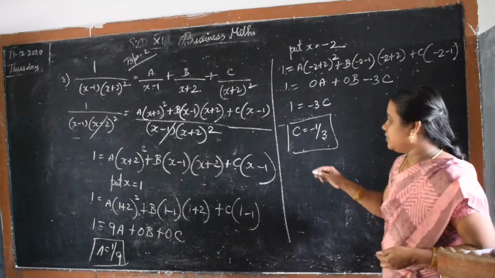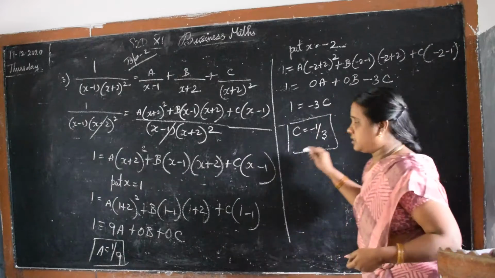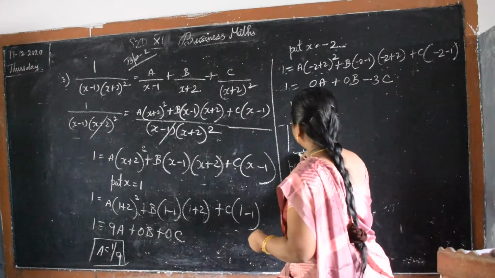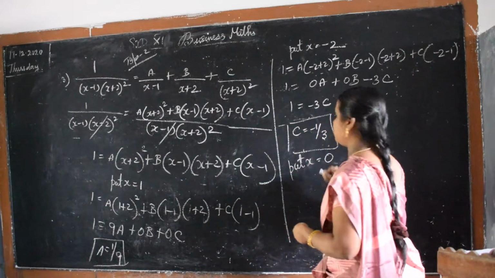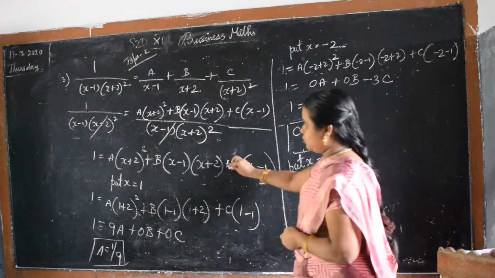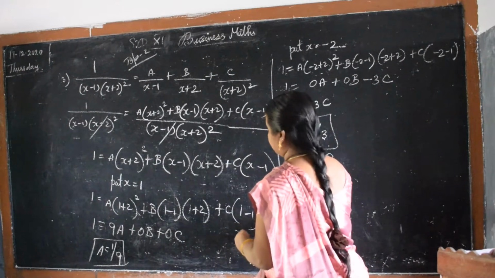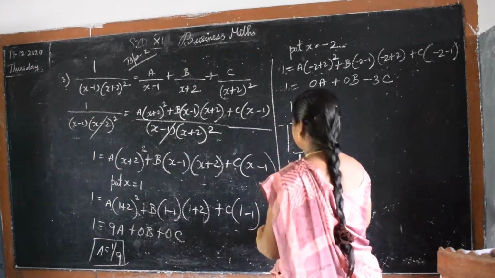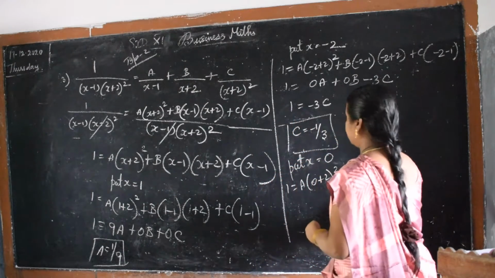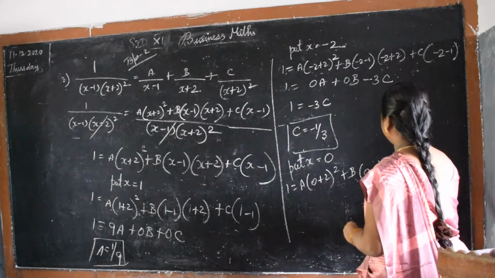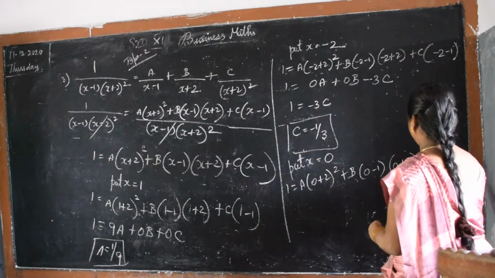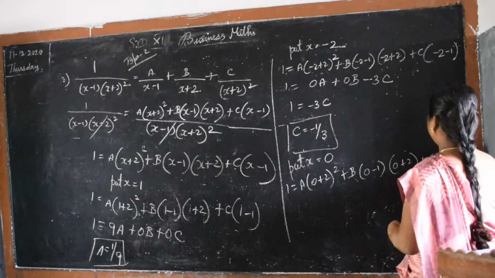Next find the value of b, if I got the values of a and c. Next put x is equal to 0. Okay. Substitute பண்ணுங்க here. 0 plus 2 whole square, 0 minus 1, 0 plus 2, 0 minus 1.